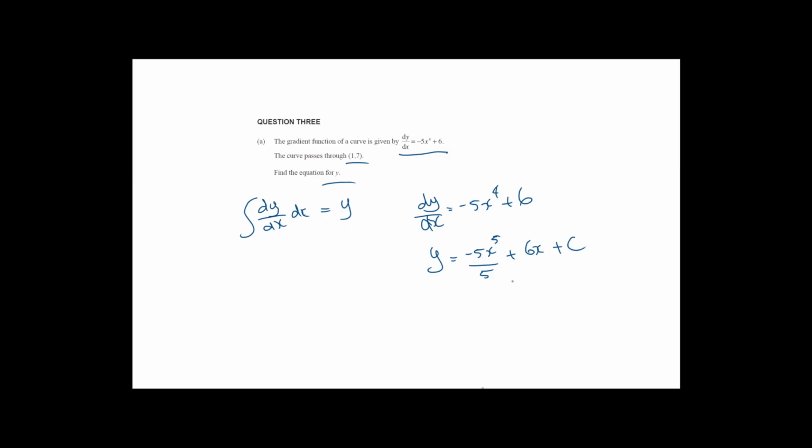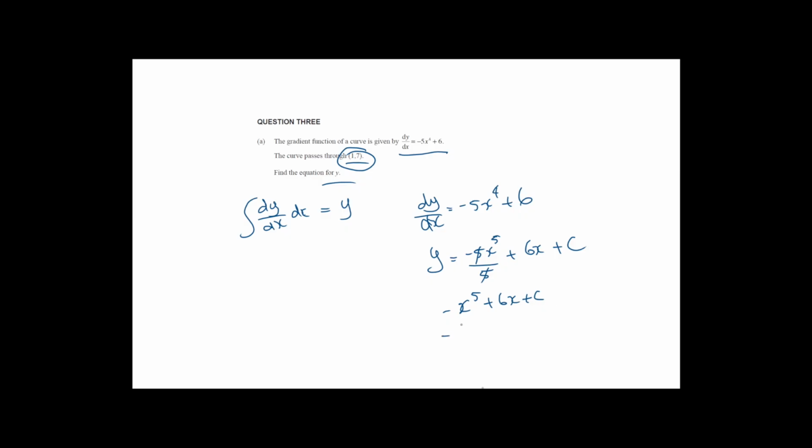And don't forget the c, and this is where the (1, 7) bit comes in. It tells us that when x equals 1, y equals 7. The 5s are going to cancel, so we get negative x to the power of 5 plus 6x plus c.